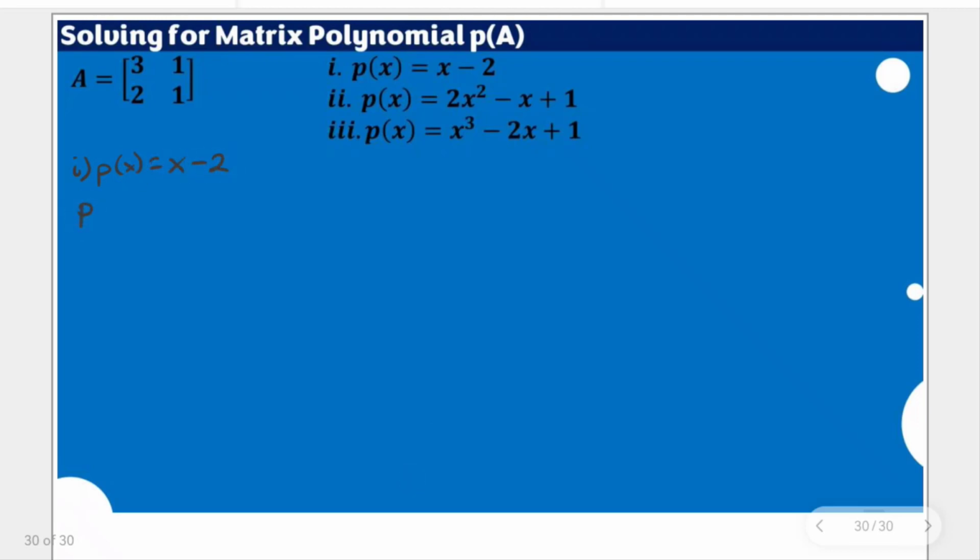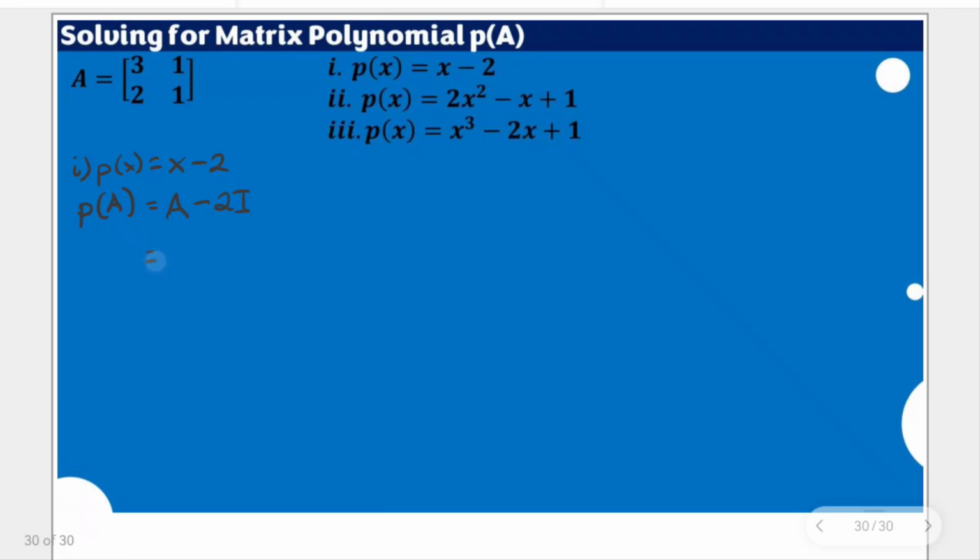So if we are going to solve for P of A, we are just going to use A as the automatic substitution for X, and our constant here would be 2 and I, 2 multiplied to I. That's what will happen to all constants in solving for a matrix polynomial.